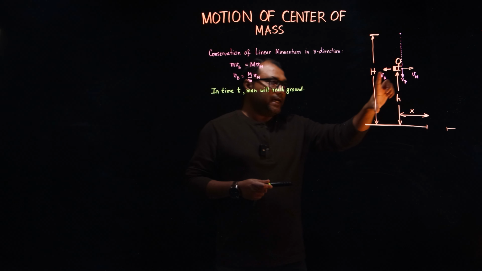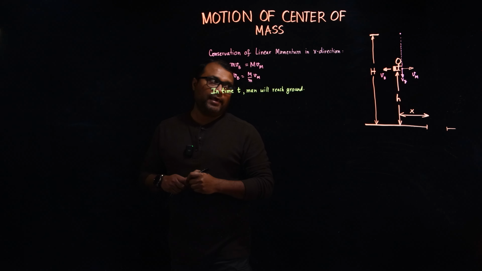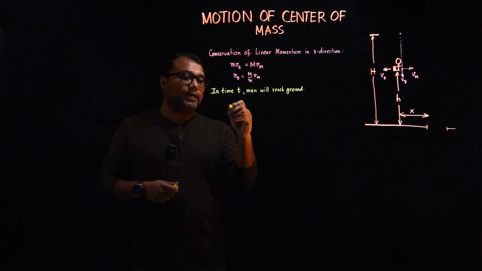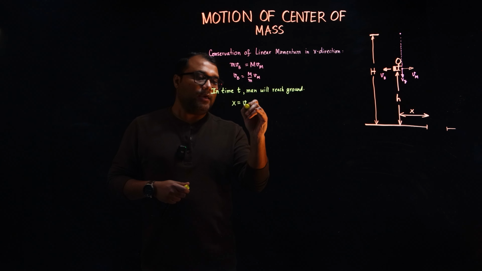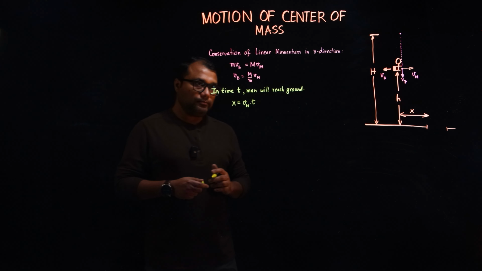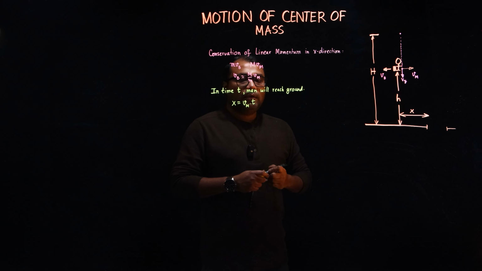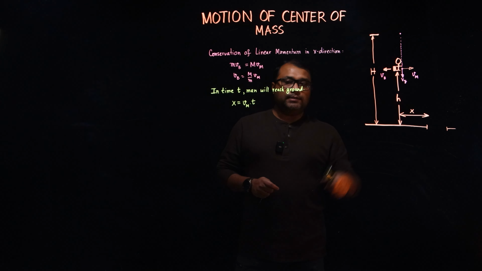So in that same time t, Vm has to carry him just across x. So we can write x is equal to Vm times t. Now let's find out what this t is.